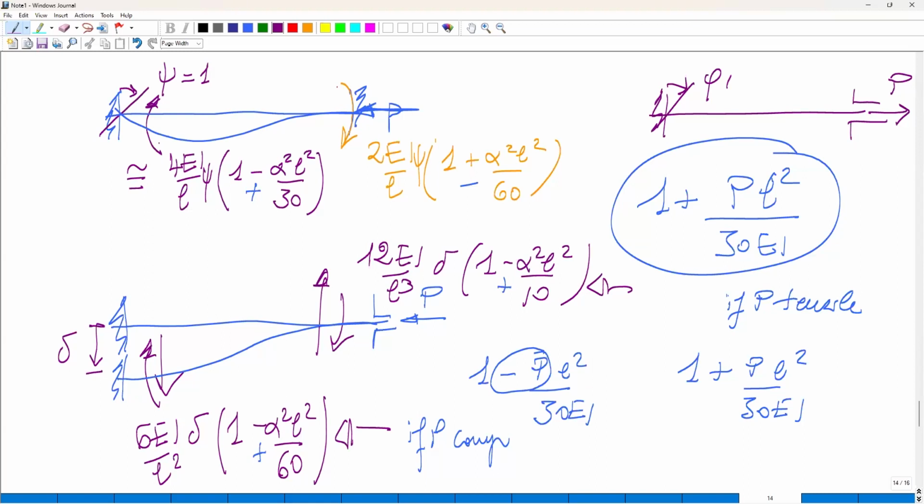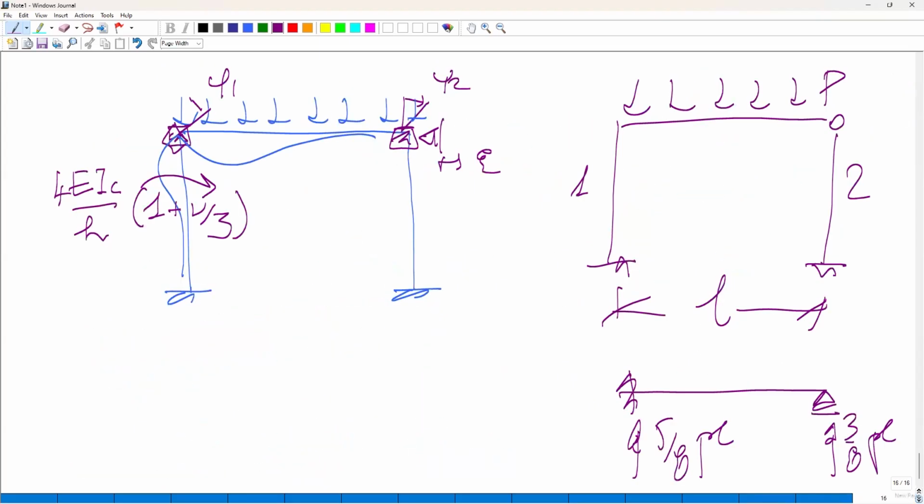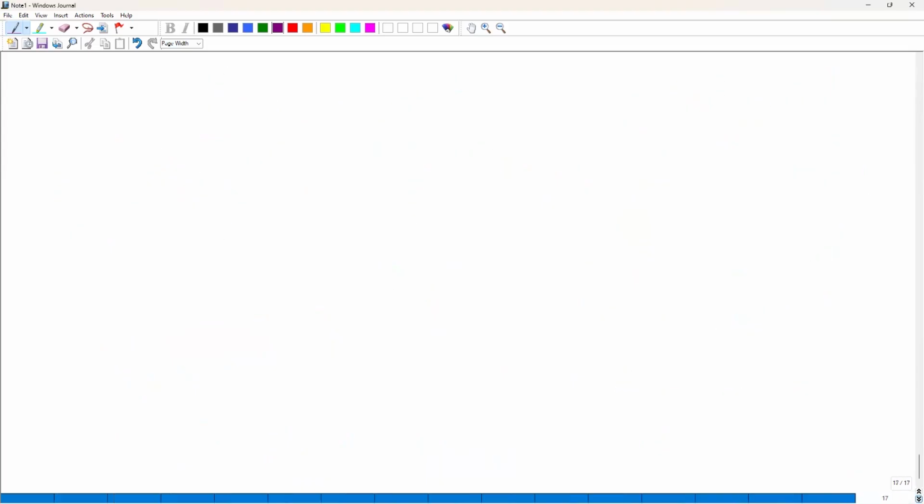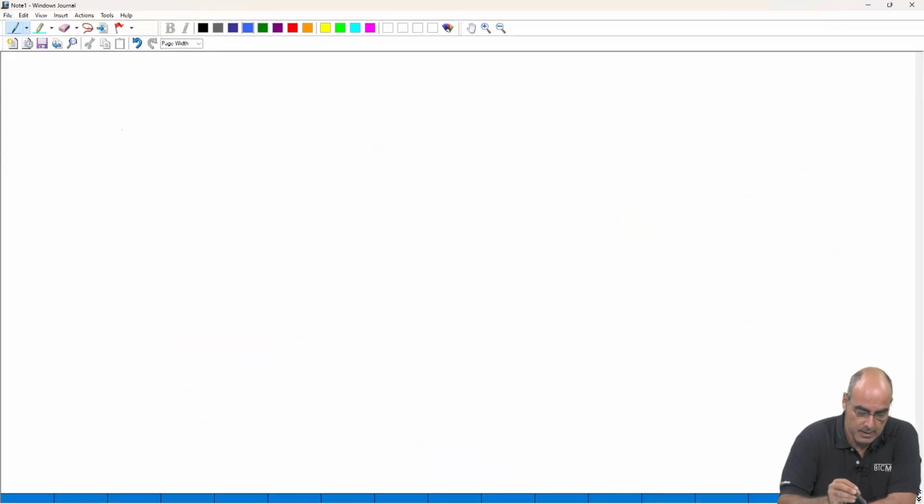Let's show it with a very simple example, okay? Let us have this structure here, very simple.